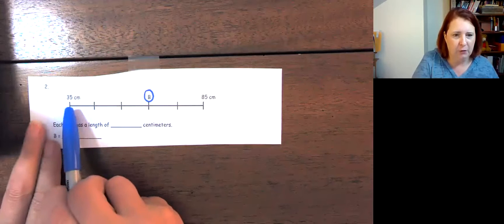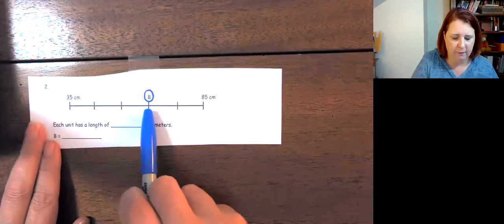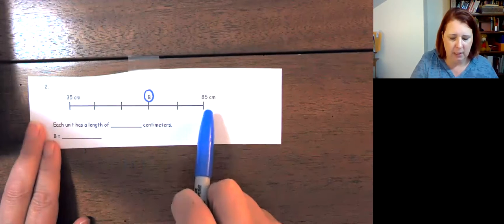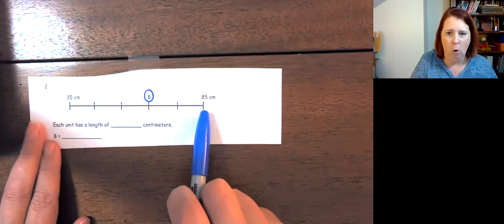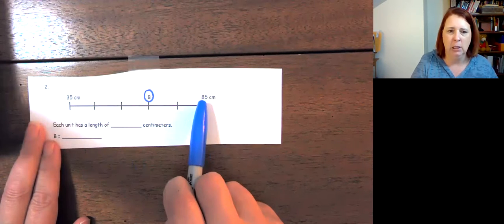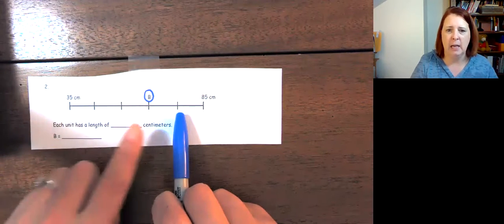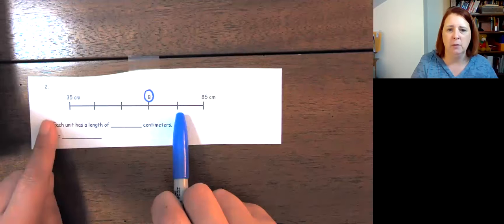So if this is 35, this would be 40, 45, 50, 55, 60. Wah, wah, wah. What's wrong? Right, if the pattern or the interval was 5, this number would be 60, but it's 85. Uh-oh. Well, I'm not going to do less than 5 because I know that would be too small of a number.